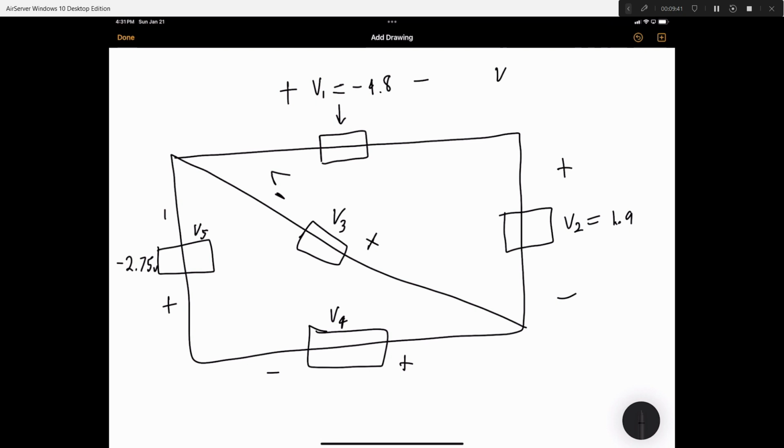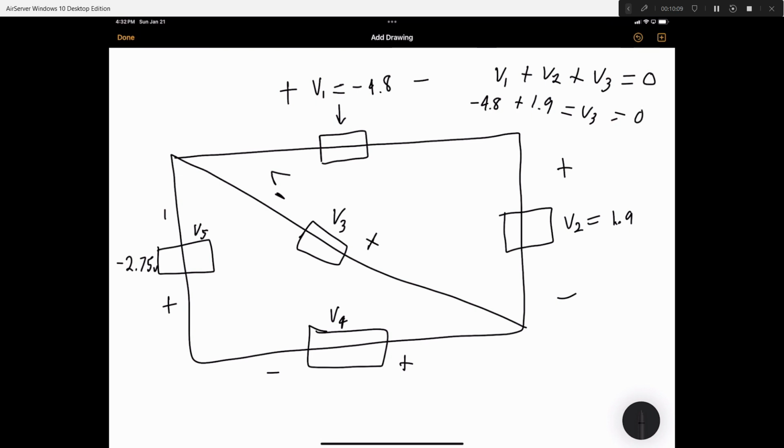So V1, which is positive according to the sign convention, plus to minus, plus V2 is positive, plus V3 is positive, is equal to 0. Right? So we know negative 4.8 is V1, 1.9 is V2, is equal to V3, is equal to 0.